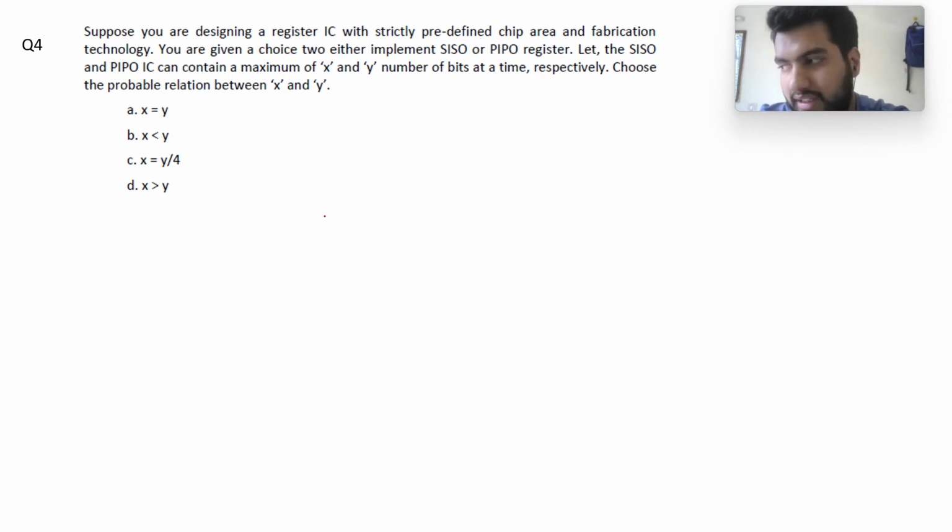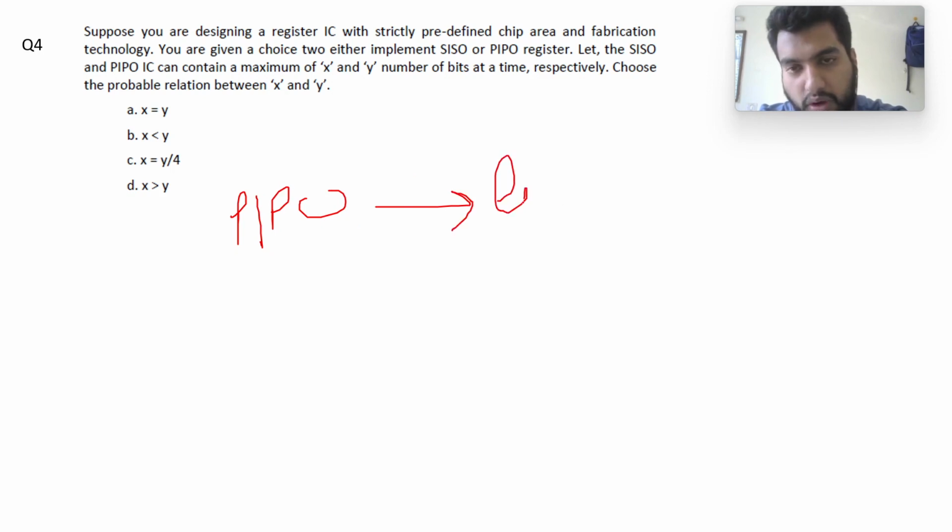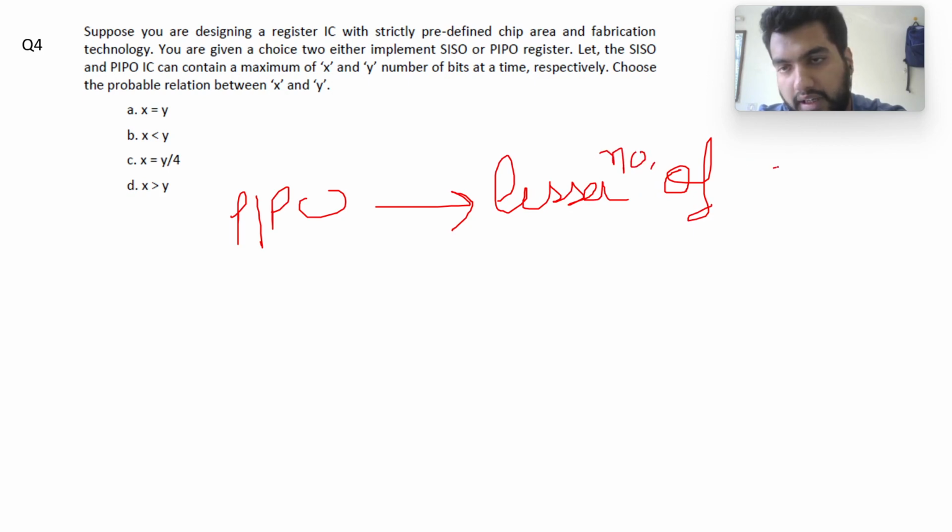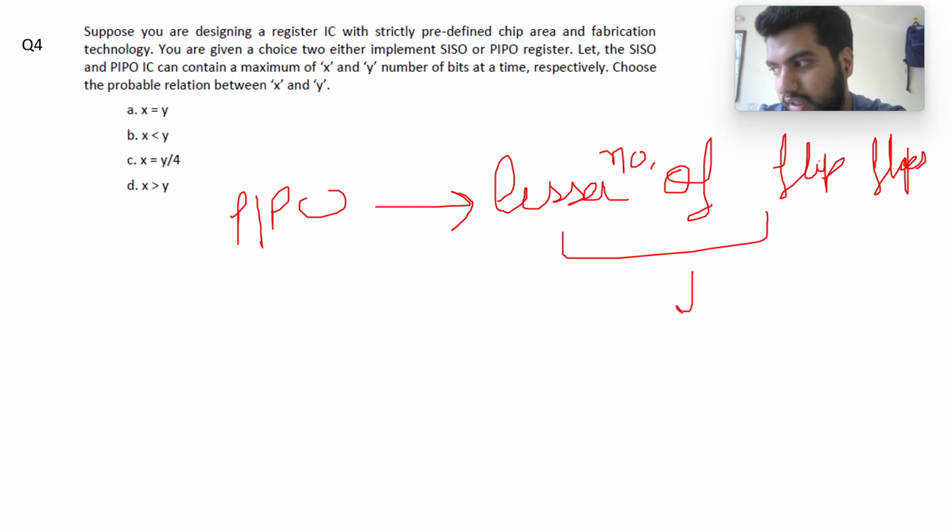So we know that the parallel output register will incorporate a lesser number of flip-flops. Why will it incorporate a lesser number of flip-flops? Because in parallel output, it has more input and output pins.